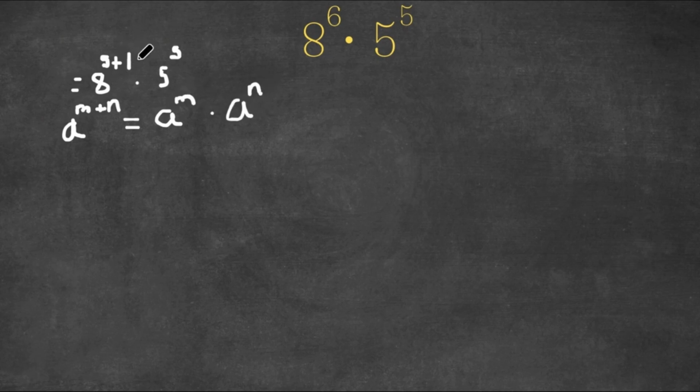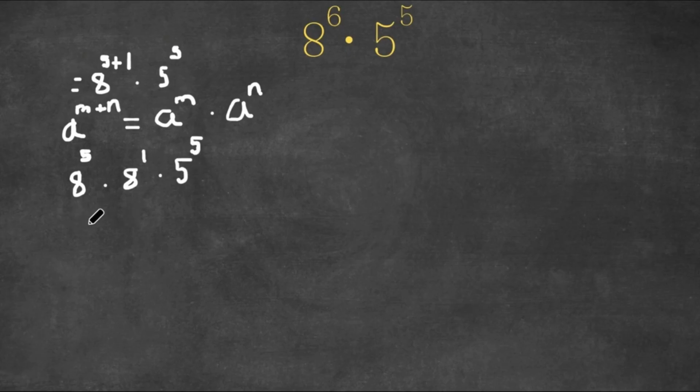So 8 to the power of 5 plus 1 would be equal to 8 to the power of 5, because 8 in this case is a, 5 is m, and 1 is n, times 8 to the power of 1. And we are still multiplying this with 5 to the power of 5.